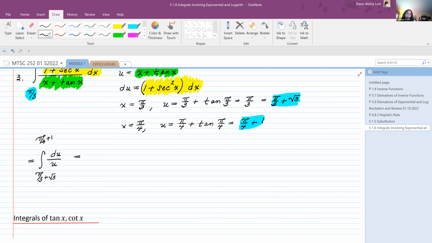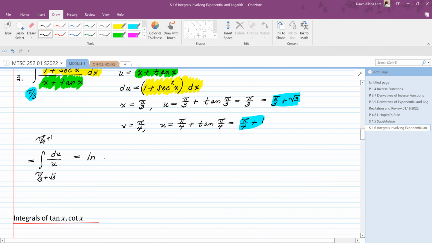It's ln of the absolute value of u. Just u. Evaluate it from pi over 3 plus the root of 3 to pi over 4 plus 1. Okay, so now what do you get?